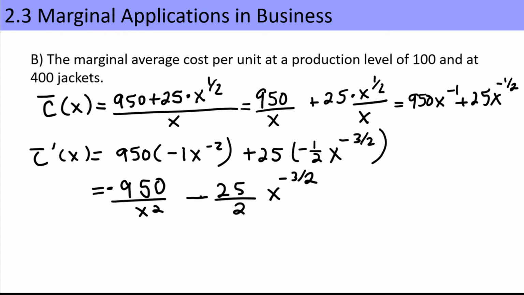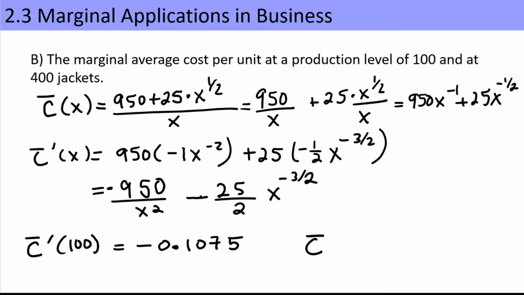We can compute the values using your calculator. So in your calculator, compute the derivative C bar prime at 100, and you'll get negative 0.1075.